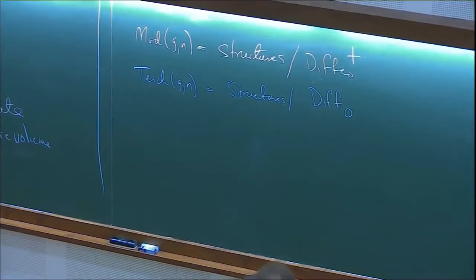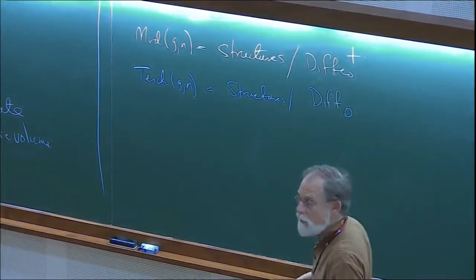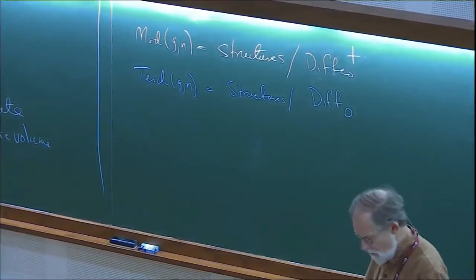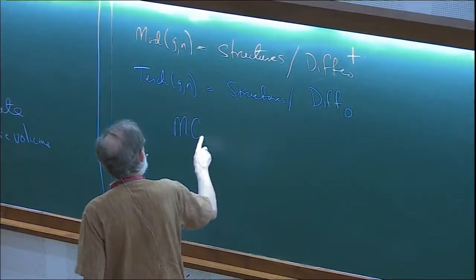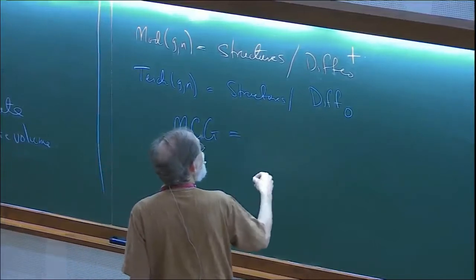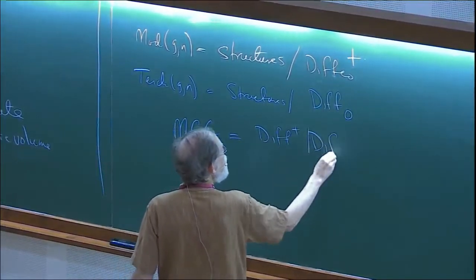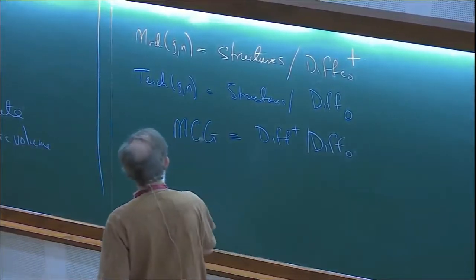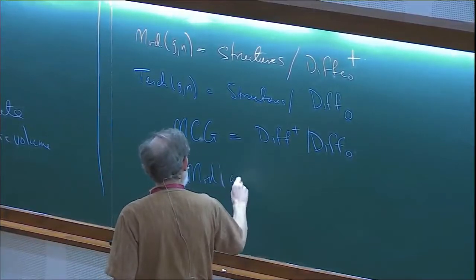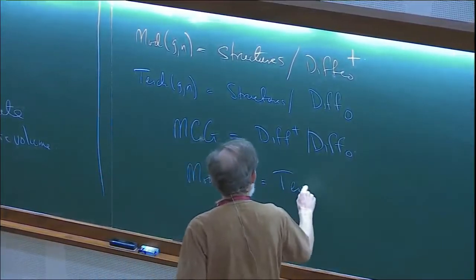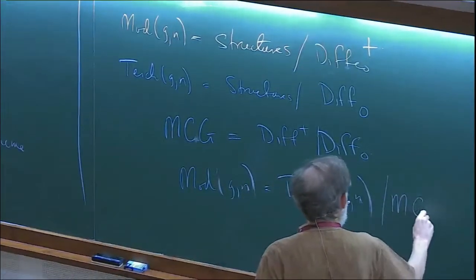And so this group is contained in the subgroup of that one. So you get a bigger space here. And of course, there is the mapping class group, which is Diff plus mod Diff 0. And so moduli space is Teichmüller space quotiented by the mapping class group.